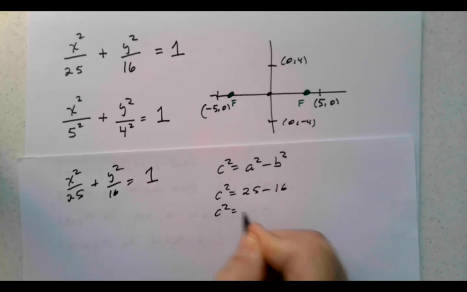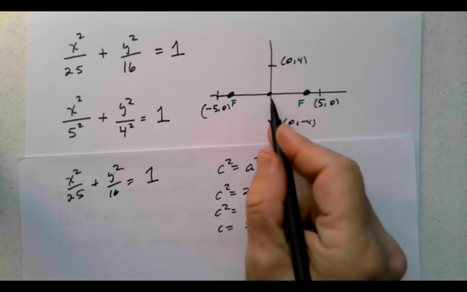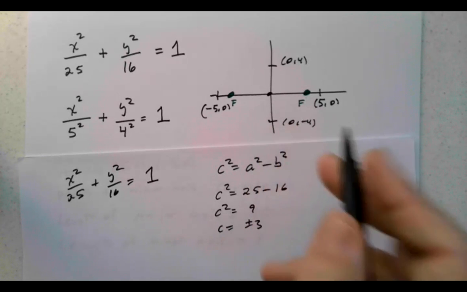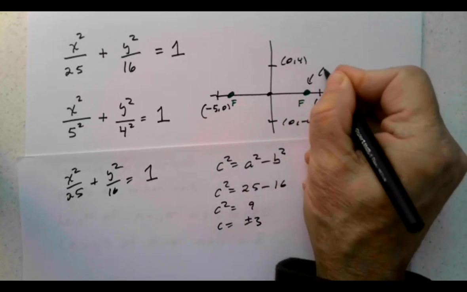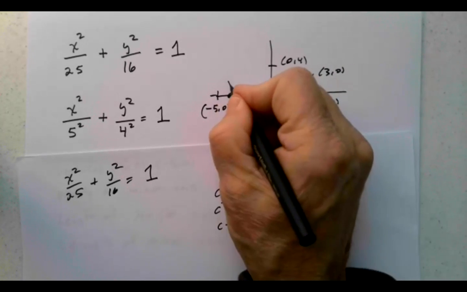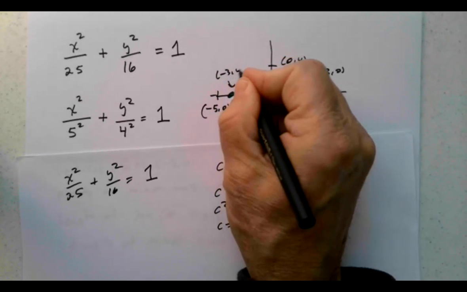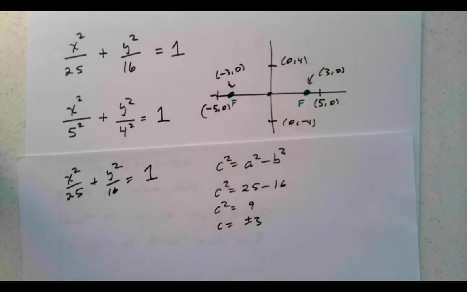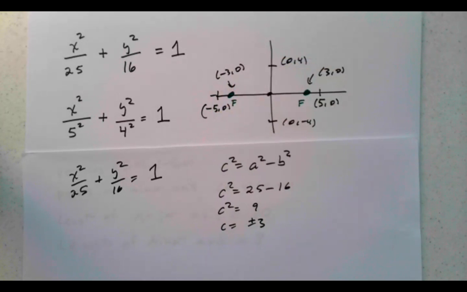So c squared is 9, so c is plus or minus 3. That tells me from the center, go 3 on the major axis. So one focus will be at 3, 0, and the other focus will be at negative 3, 0. Let us take a look at that.